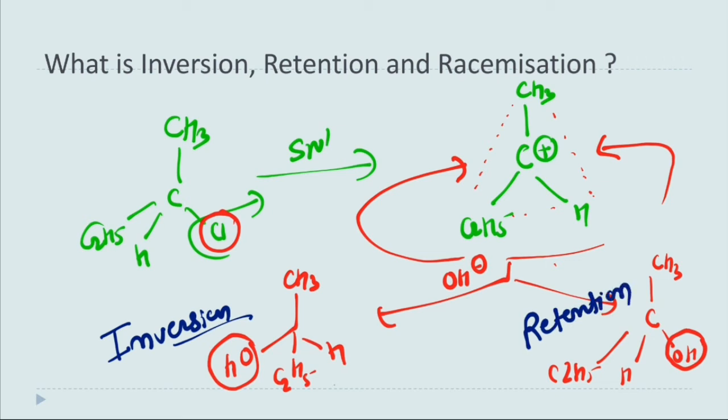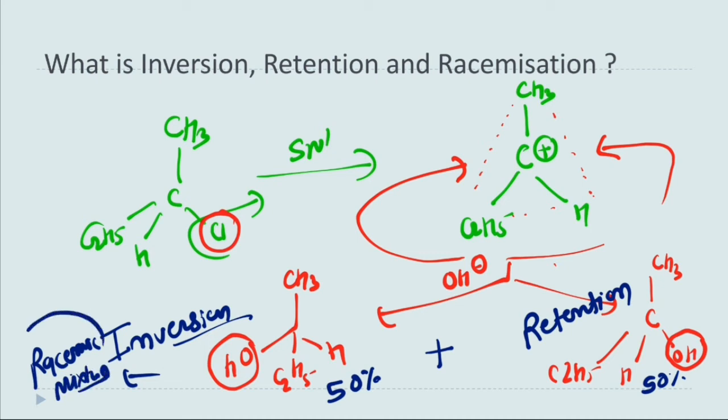Because 50% inverted product and 50% retention product is formed, this mixture is called a racemic mixture. What is the meaning of racemic mixture? If D and L forms are present in equal amount, then the overall mixture becomes optically inactive.